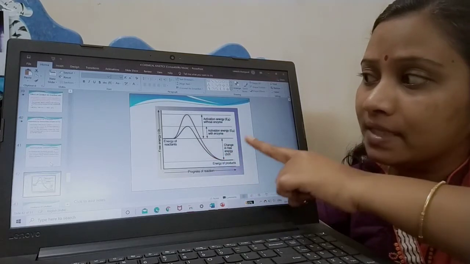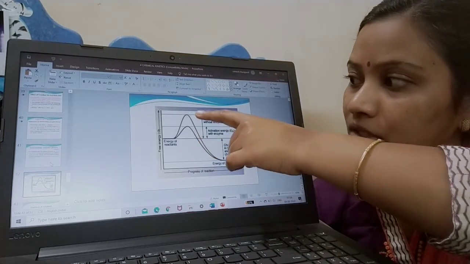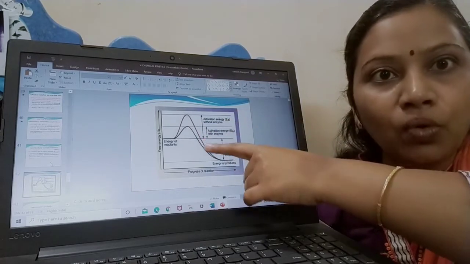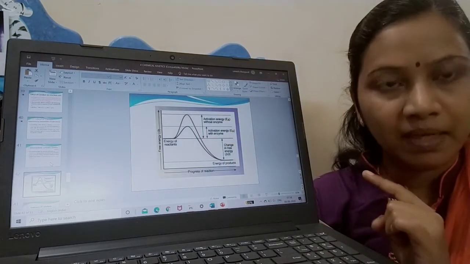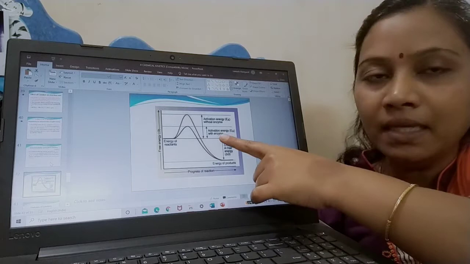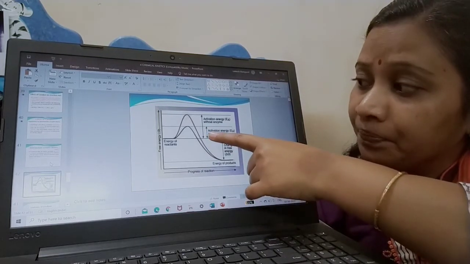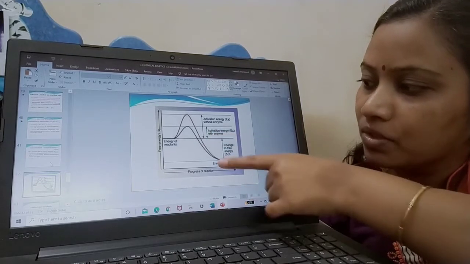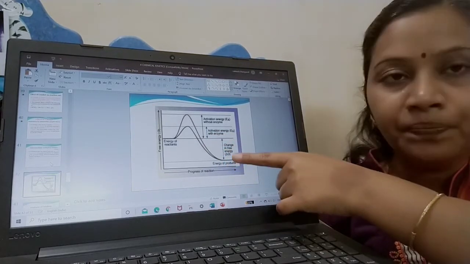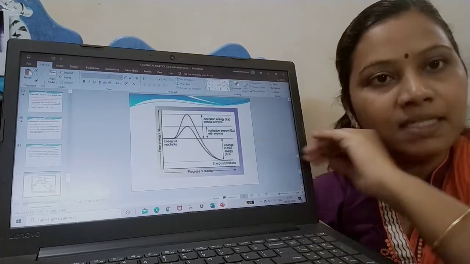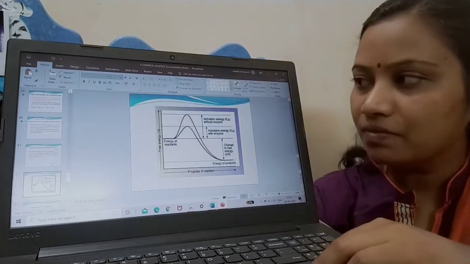Now, without enzyme, look at the activation energy. Your activation energy is more without the presence of the enzyme catalyst. When I supply the enzyme catalyst, the activation energy is less. If activation energy is reduced, then the change in free energy is also affected. When activation energy is less, the barrier is removed, so the reaction proceeds very fast.